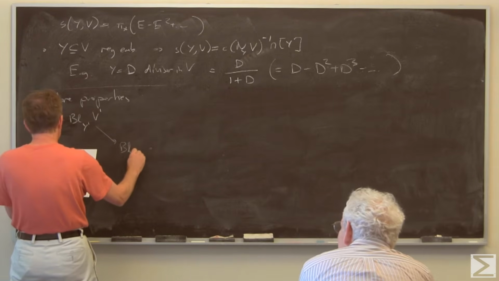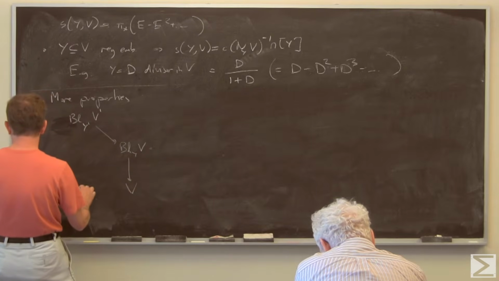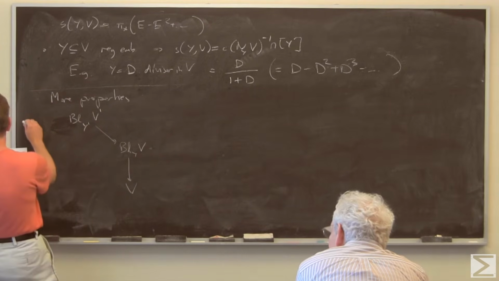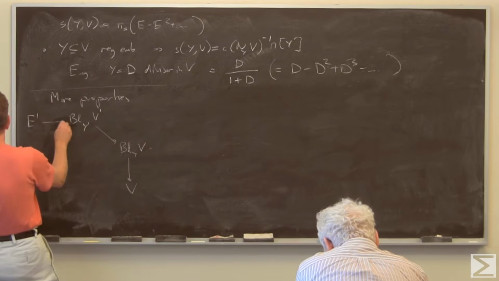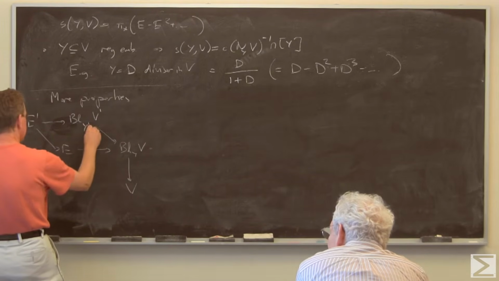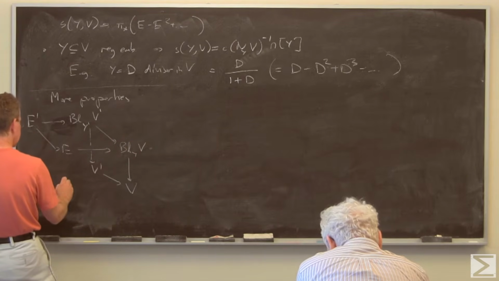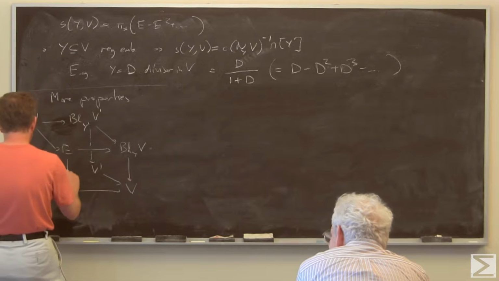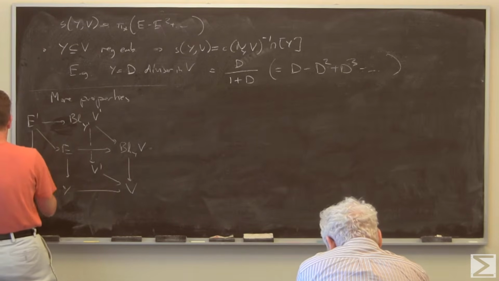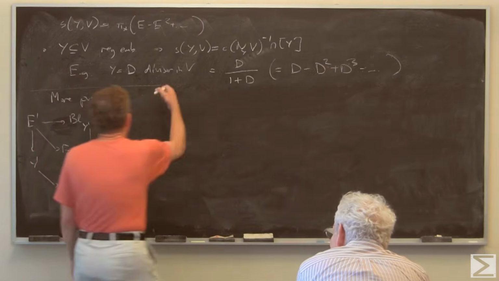I'll draw the diagram and then say what these things are. You have to draw it so that it's nice and three-dimensional. You see what I'm doing, I think, right? There you go. This is the proof of what I'm going to write over here.